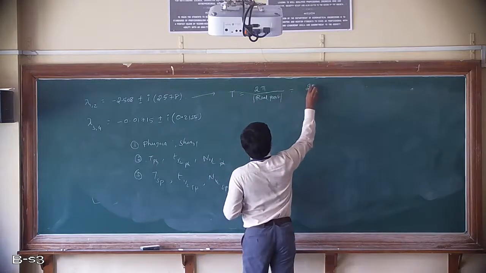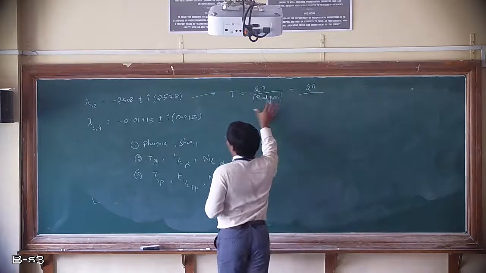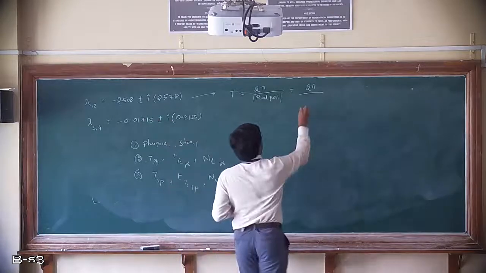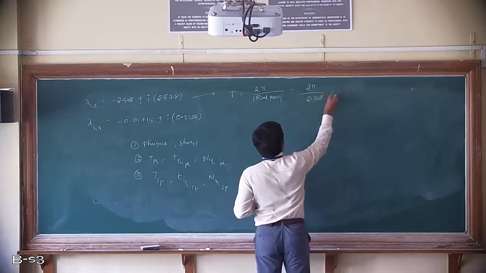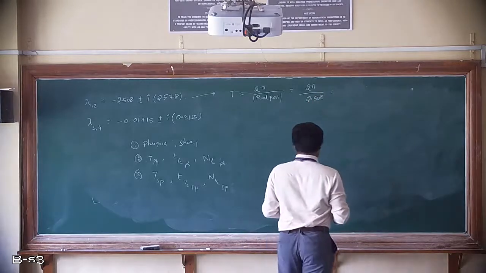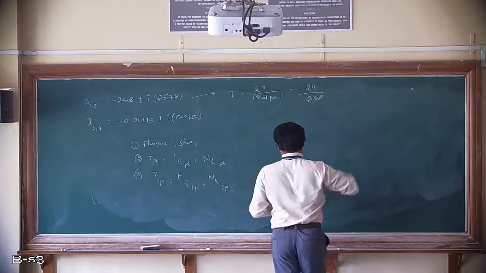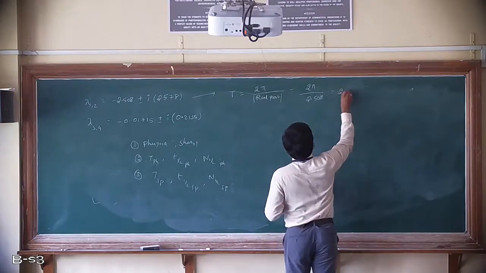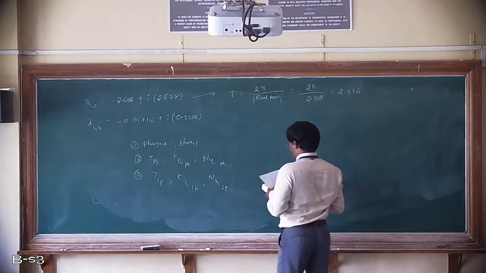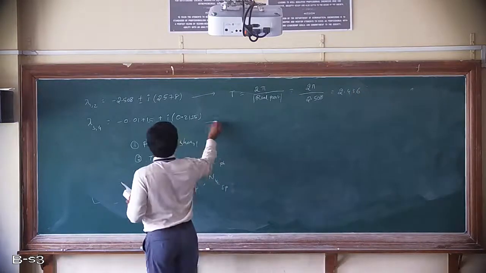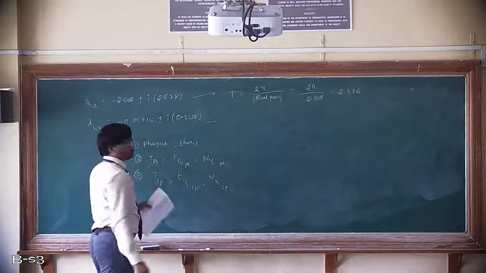By using 2 pi by the real part, right? Modulus of the real part. So 2 pi by, what is the real part here? 2.508. What is the answer? You can solve this.